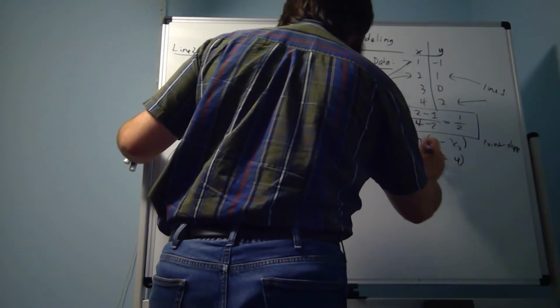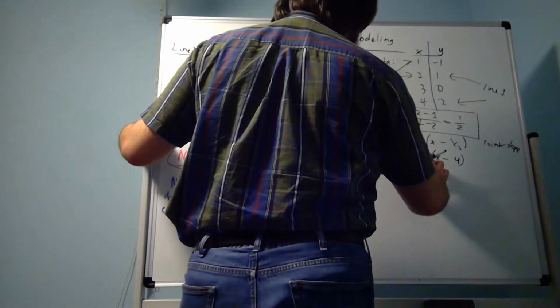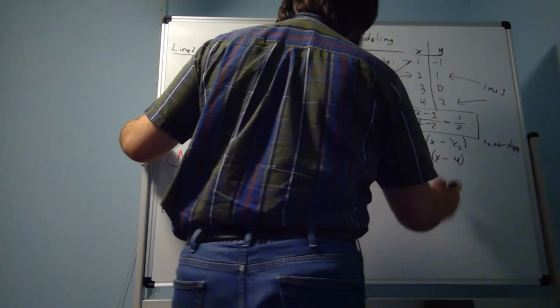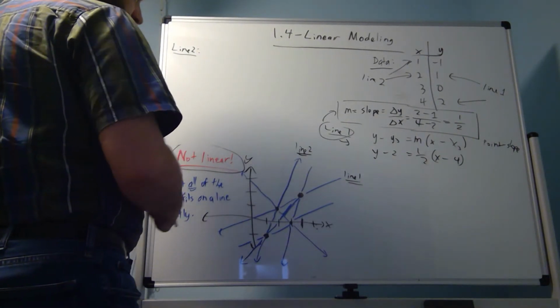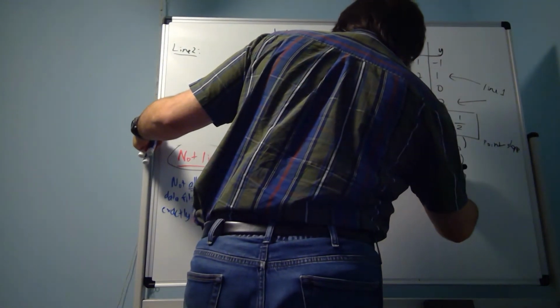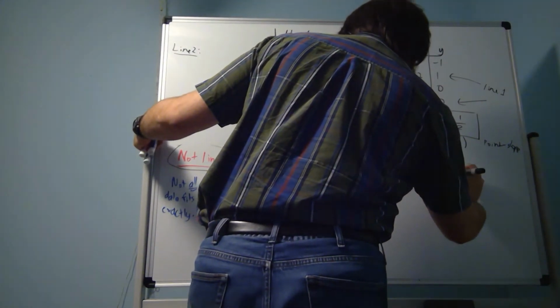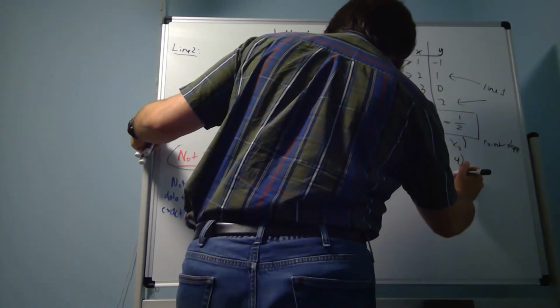We use 2 points on the graph to find the slope. We use 1 point on the graph, along with that slope we already computed, to get the entire linear model that maybe fits everything, maybe it doesn't. So we just distribute this 1/2.